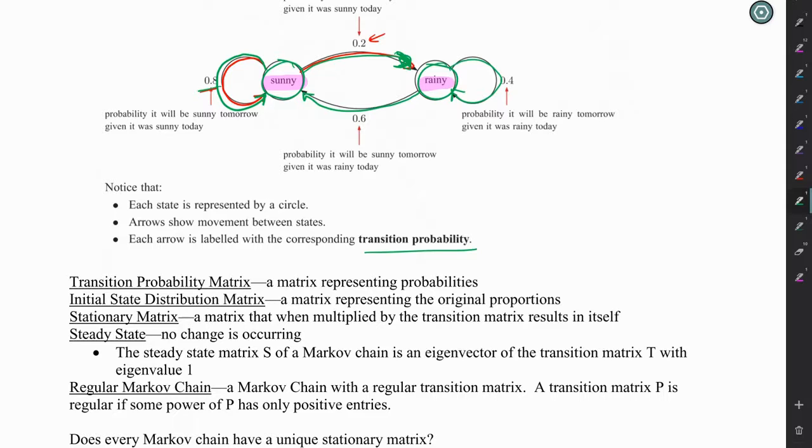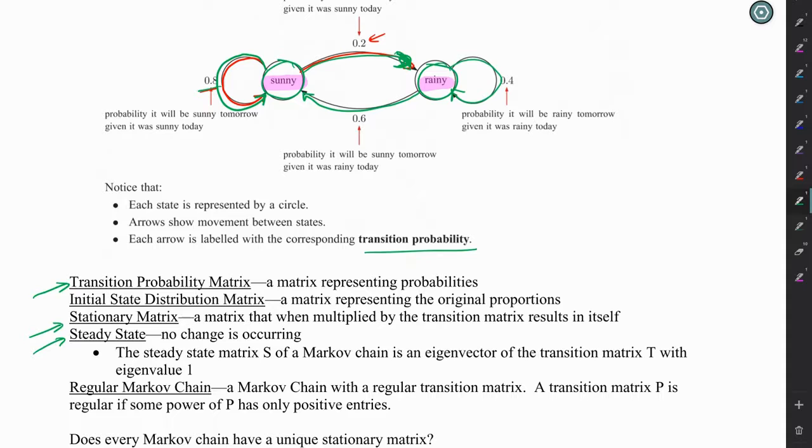And that's here. The transition probability matrix is just the matrix representing the probabilities. The initial state distribution matrix is just a matrix representing the original proportions. A stationary matrix is a matrix that, when multiplied by the transition matrix, results in itself, and that goes along with the term steady state.